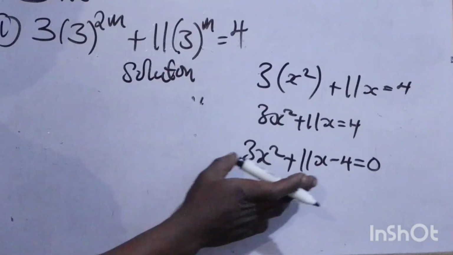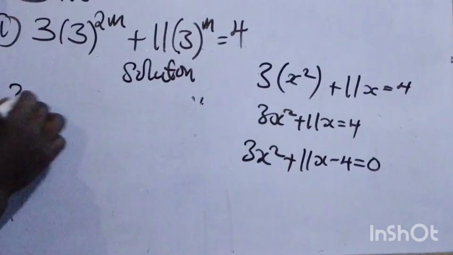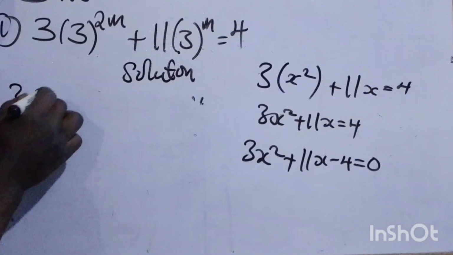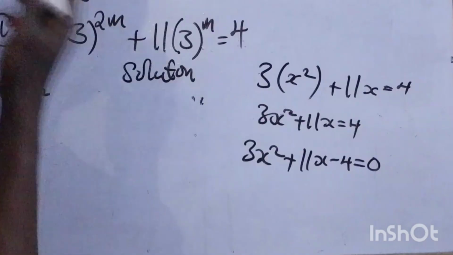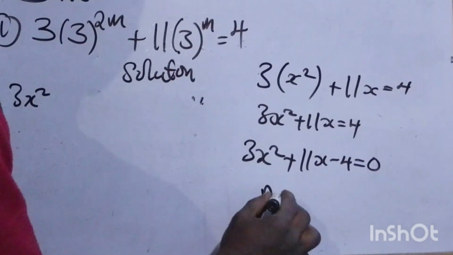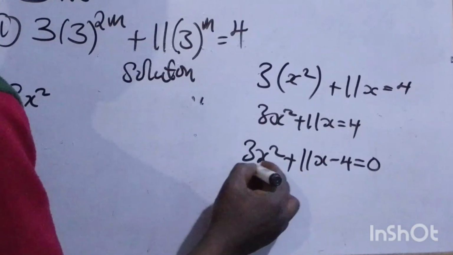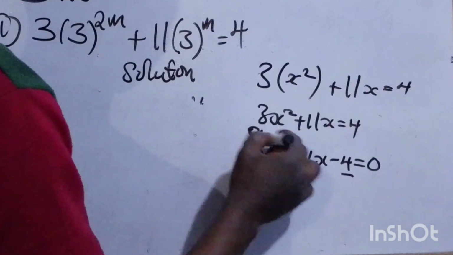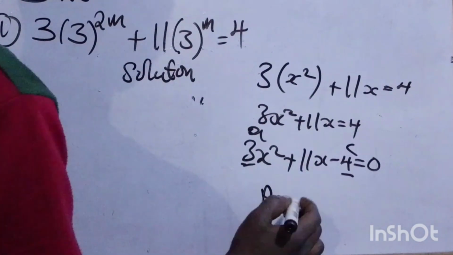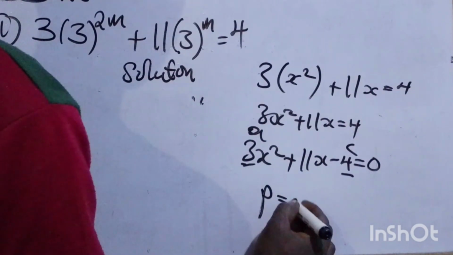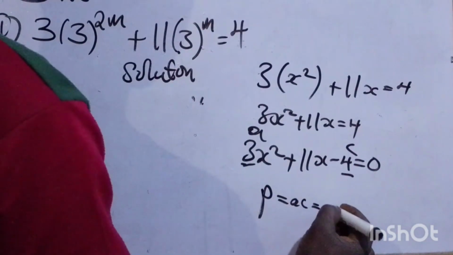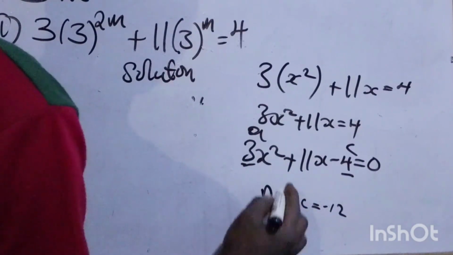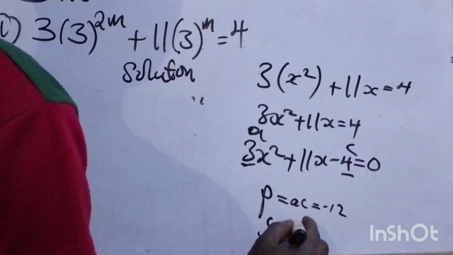By using the factorization method, we look for product and sum. Product is a times c, which is 3 times negative 4, which is minus 12, and sum is 11.